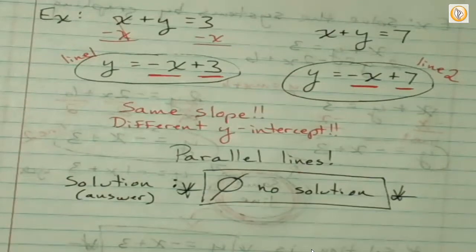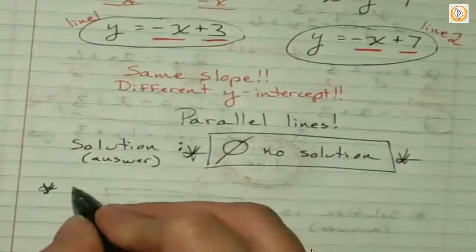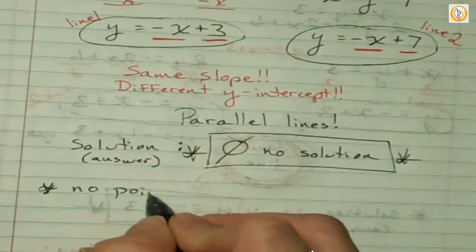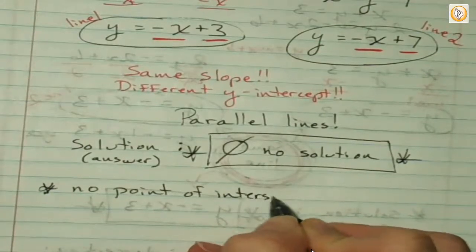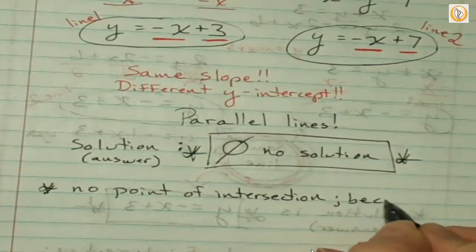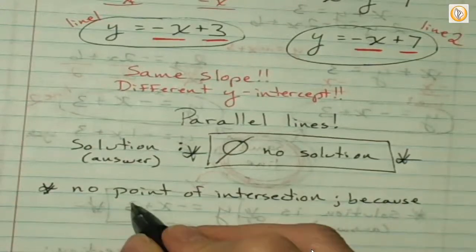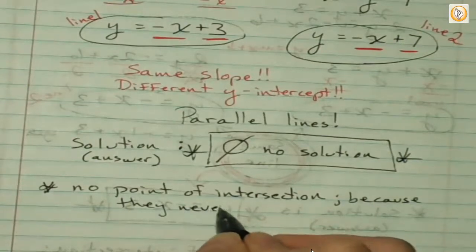This one, they're parallel. They never cross. There's no point of intersection. Because, Franz, you better have all this written down. They never cross.